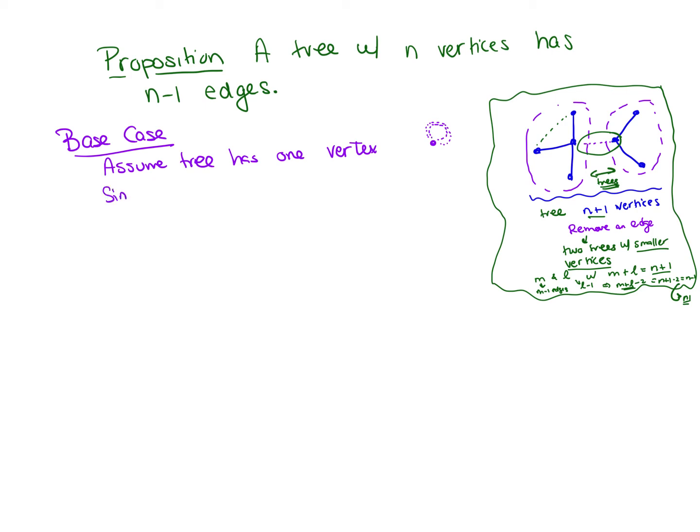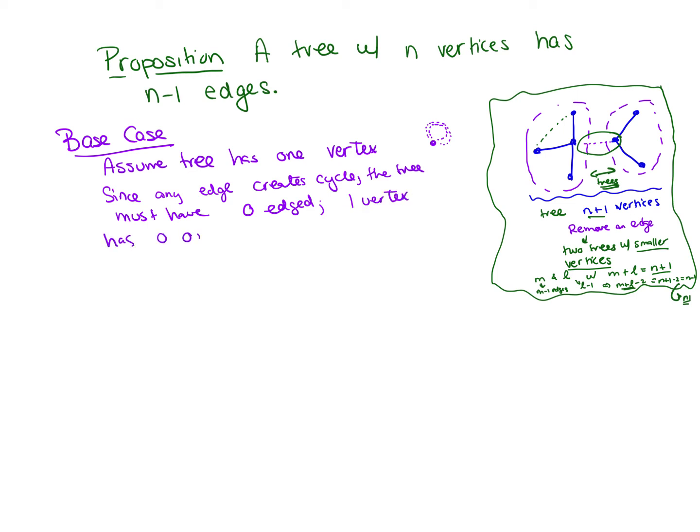So since any edge creates a cycle, the tree must have 0 edges. And then, so one vertex has 0 edges, which is what we need to prove for that base case.